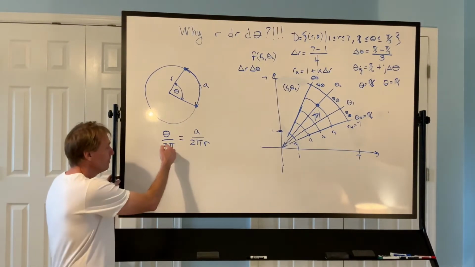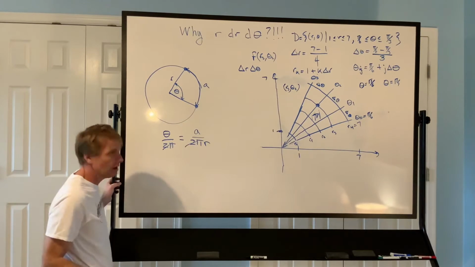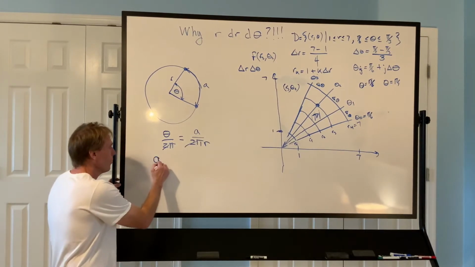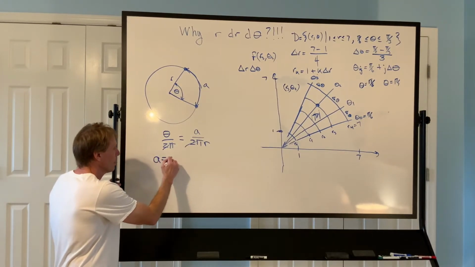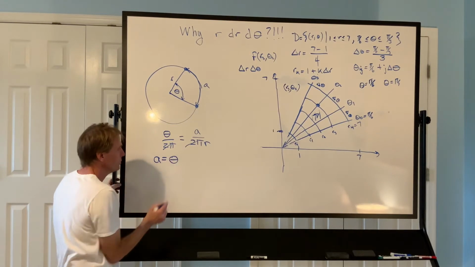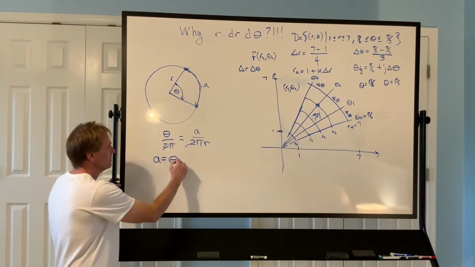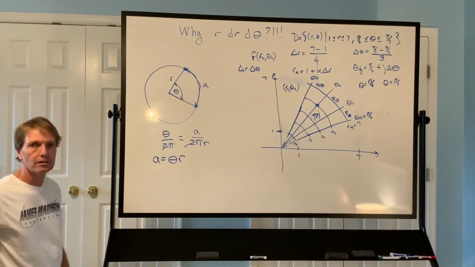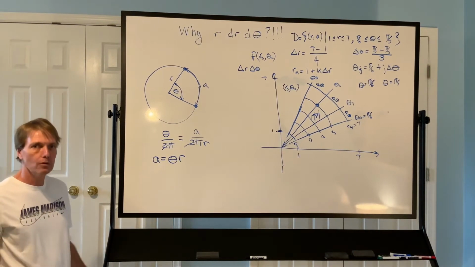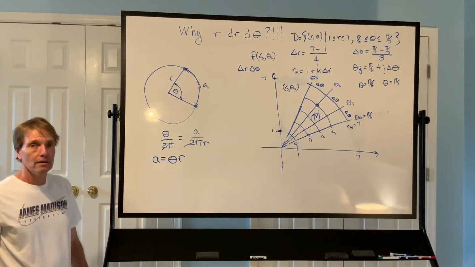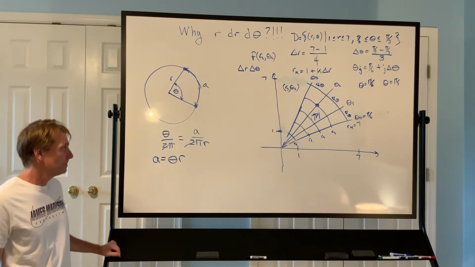And we see that the 2 pi's are going to kill themselves algebraically, or that the length of that arc is just equal to the angular measurement times the radius.